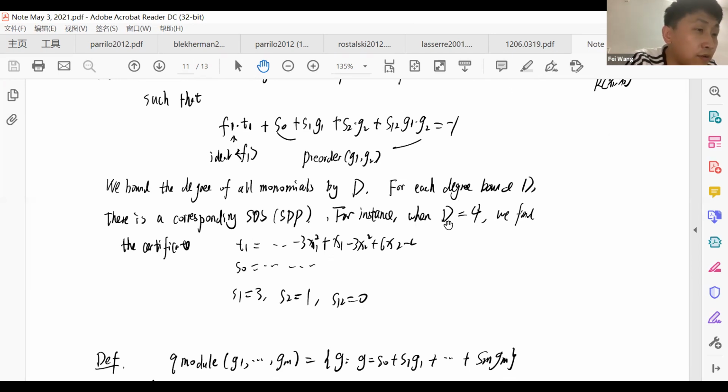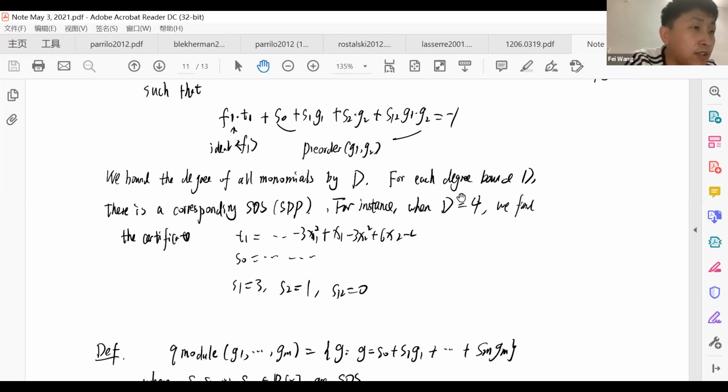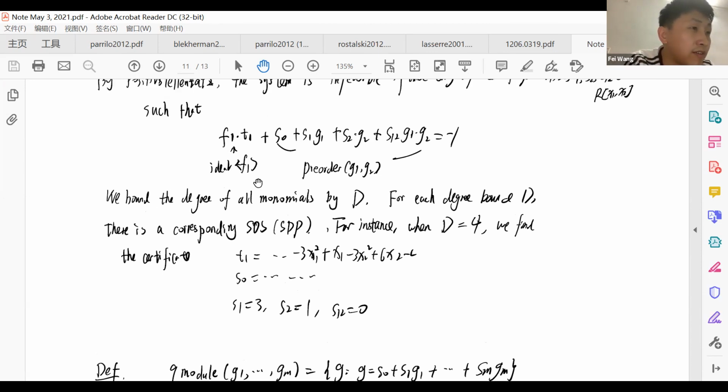For instance, when we let degree bound D equal 4, then we solve this corresponding sum of squares SDP.